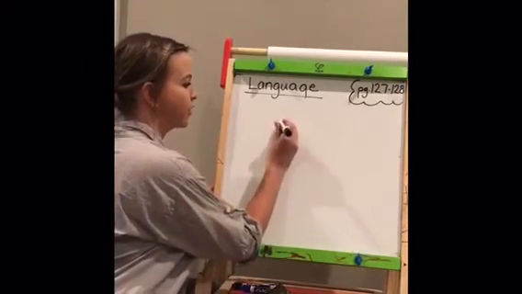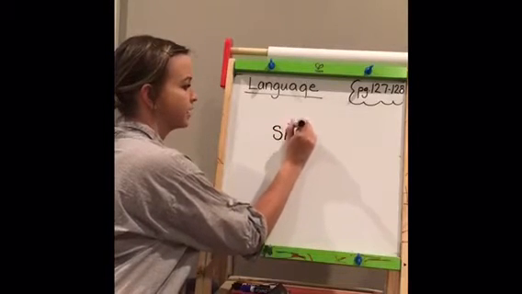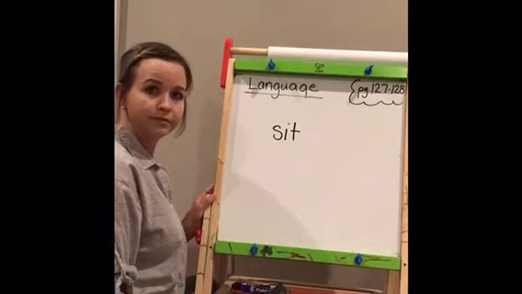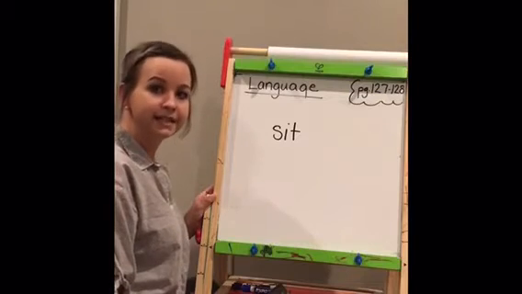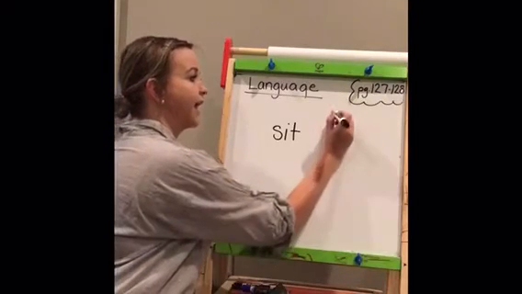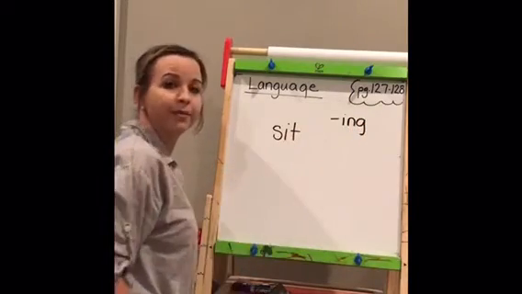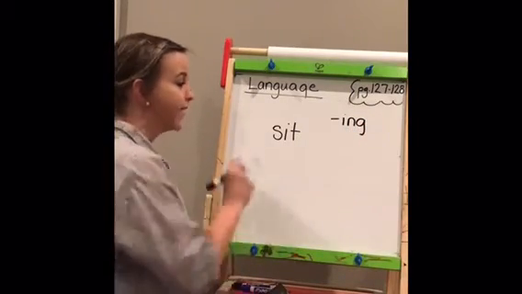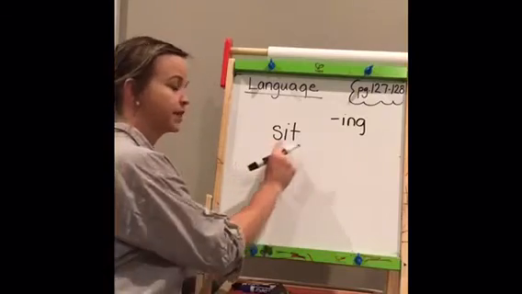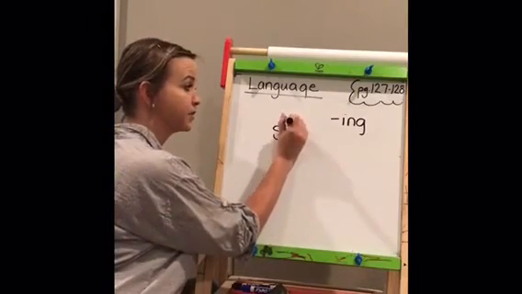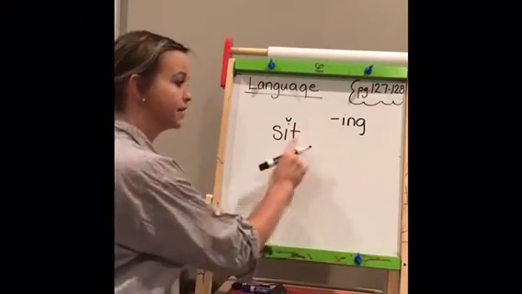If I have the word sit, but I want to make it sitting, I want to add the suffix ing. Well, let's try to remember that suffix rule. If I have a short vowel, mark it with a smile, that ends in a consonant, okay?